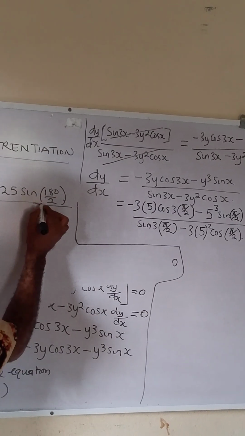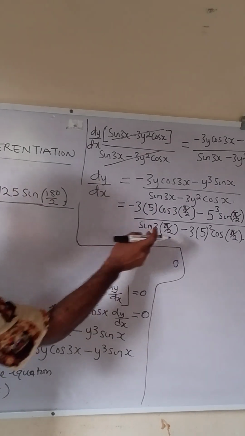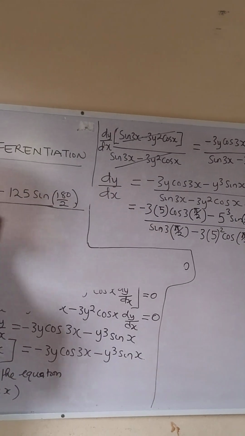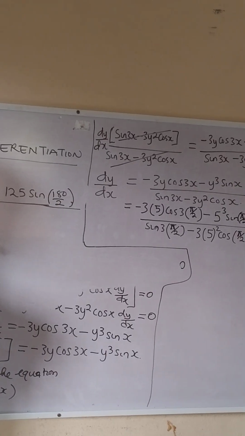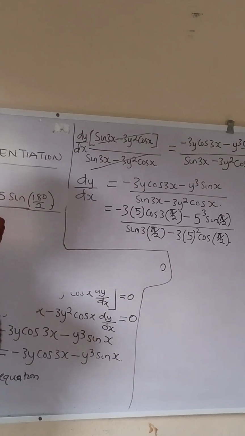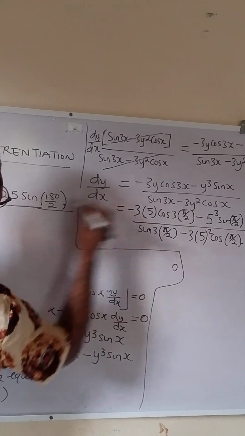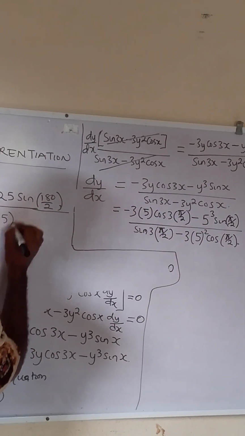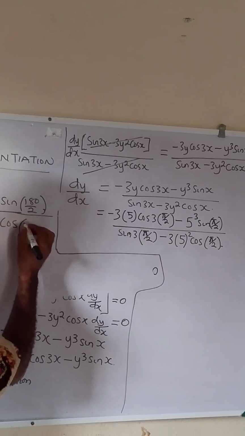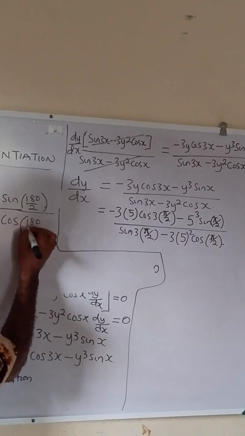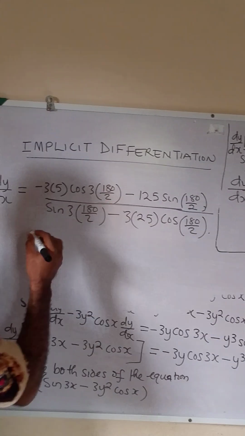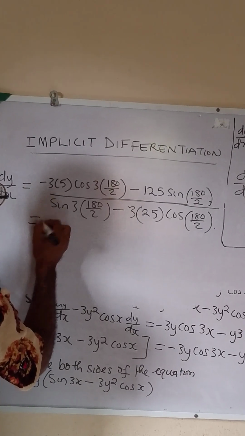We are done with the numerator, so we go to the denominator here. So we have sine 3 into 180 divided by 2 minus 3 into 5 squared, which is 25, that's 5 times 5, cos 180 divided by 2.